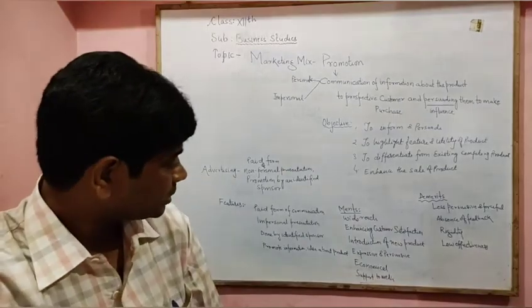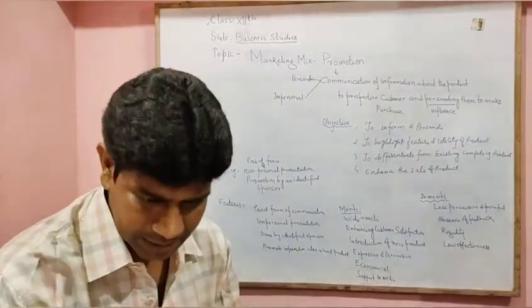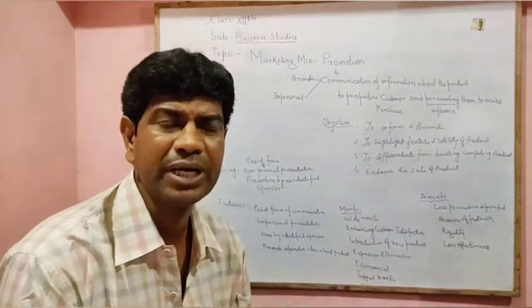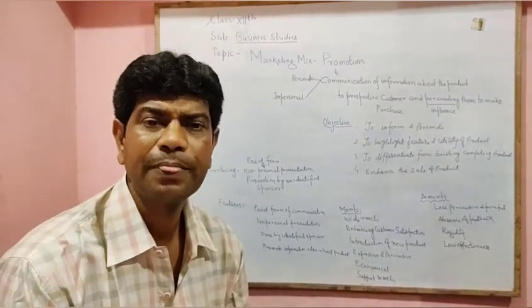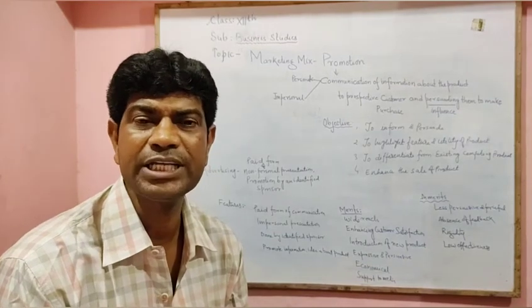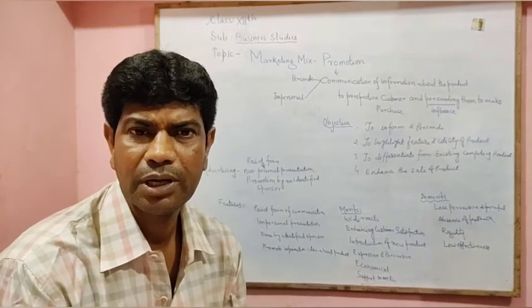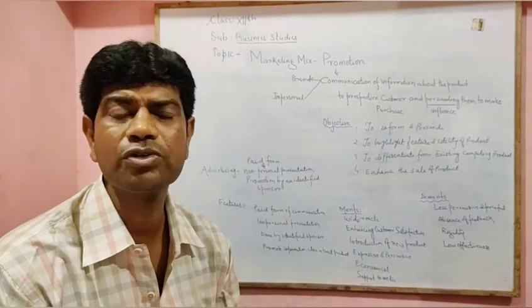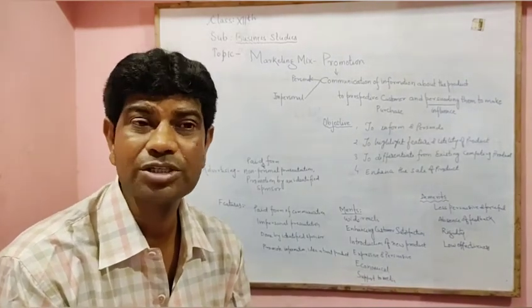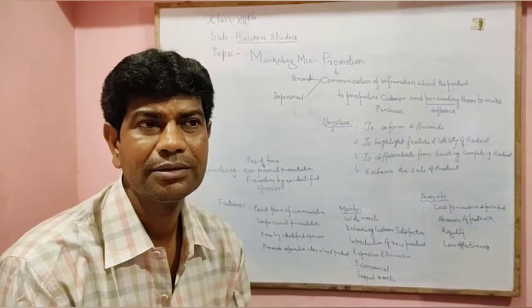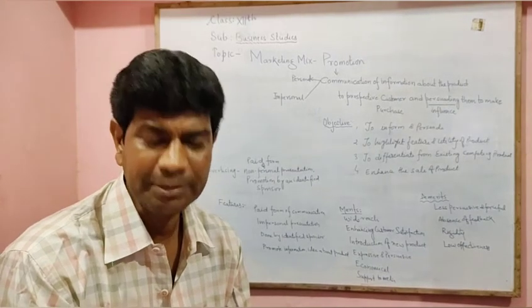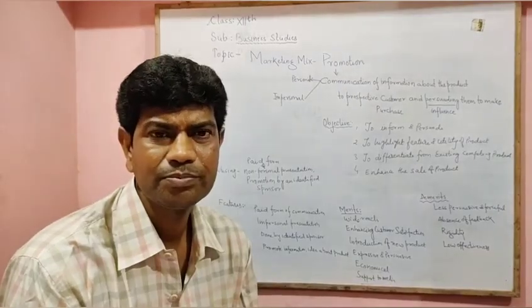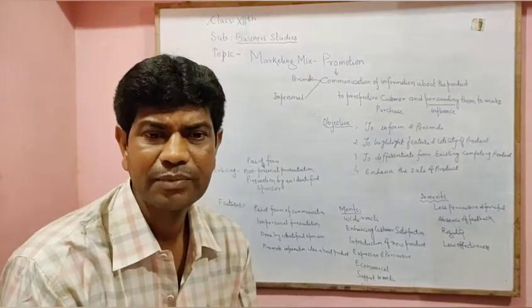Then the next one is support to media. Media means press and news agencies. Advertisement also proves to be a source of income to this media. They generate a lot of revenue for the media.